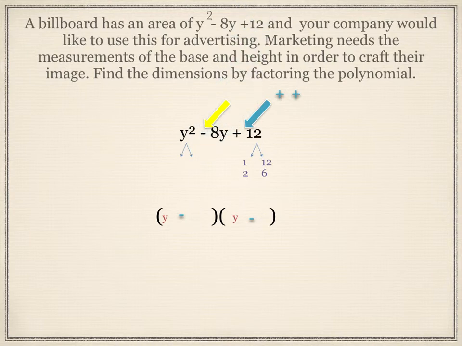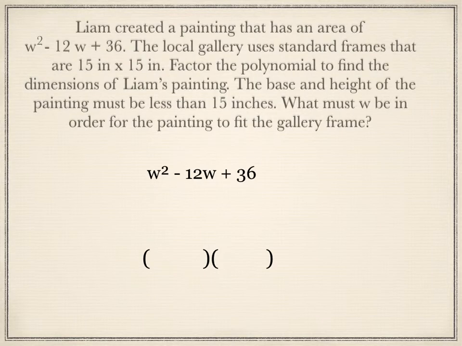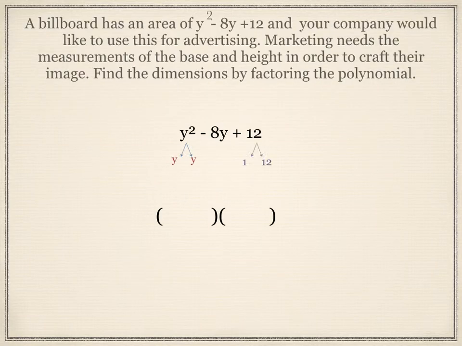So we're going to try our next pair, our 2 and our 6. Then once again, we're going to use the O and the I of FOIL, so the outside, y times negative 6 is negative 6y. And then the inside, negative 2 times y is negative 2y. So we get negative 6y plus negative 2y is negative 8y, which is what we were looking for.